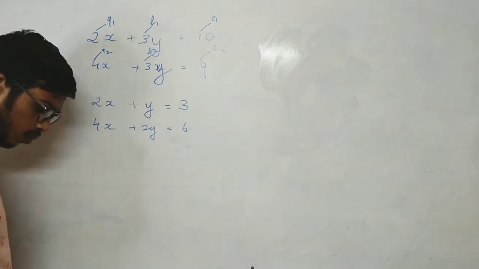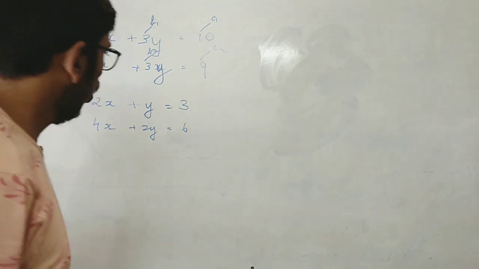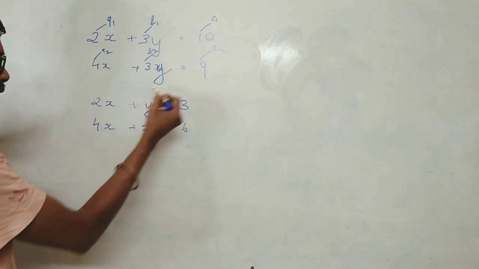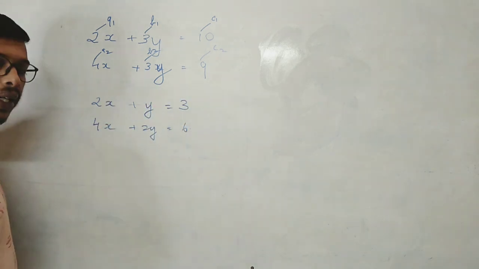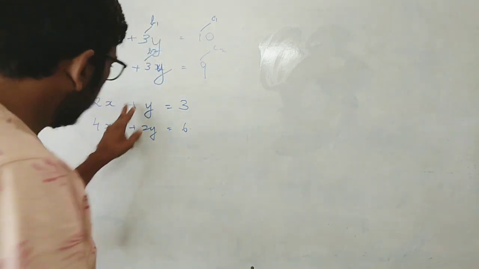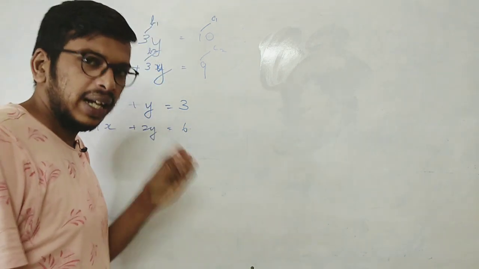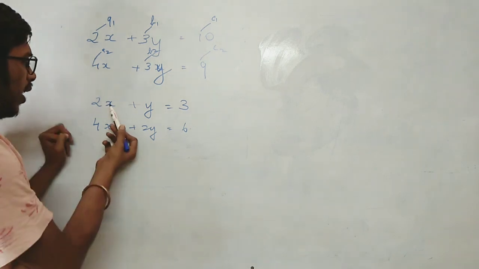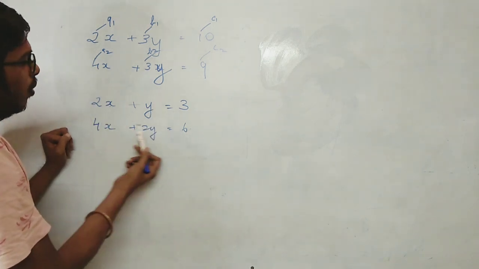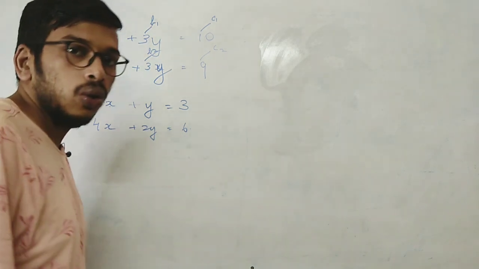Now, what do you observe in this particular equation? When we multiply the whole first equation by 2, we get the second one, right? What does that mean? That means that both these lines are just the same. Whatever x and y value I get for this equation, the same x and y value will apply for the other equation also.